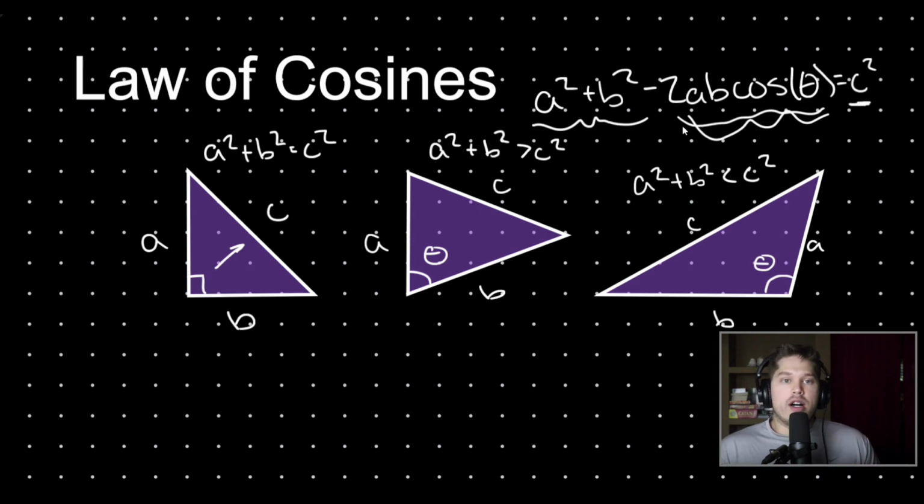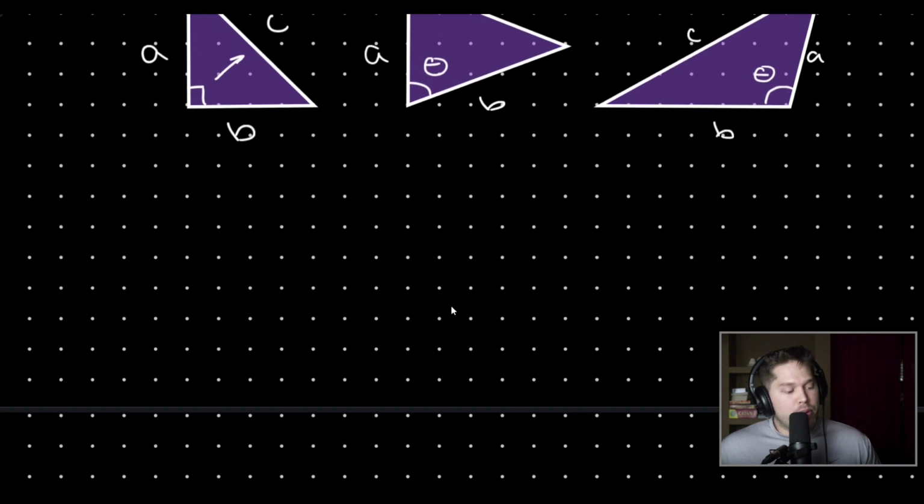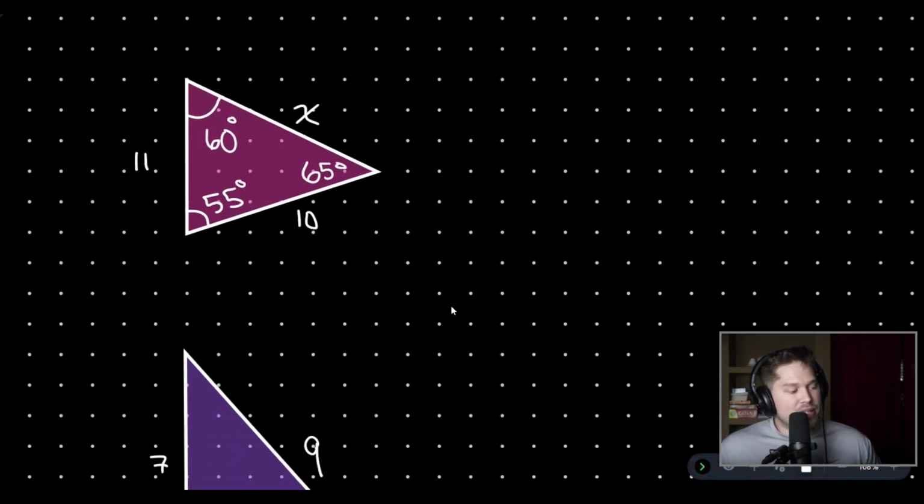However, with the law of cosines, we will be able to solve for the missing side, and we would also be able to solve for our missing angle if we have all three sides, given we can work backwards to solve for cosine of theta. So let's go forward and see how this can work.